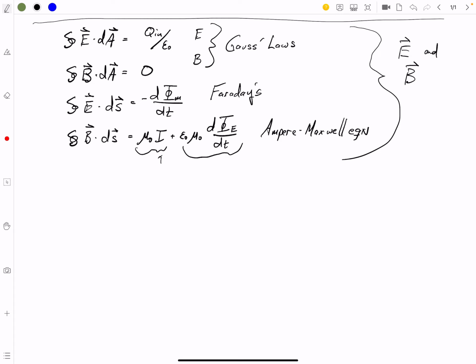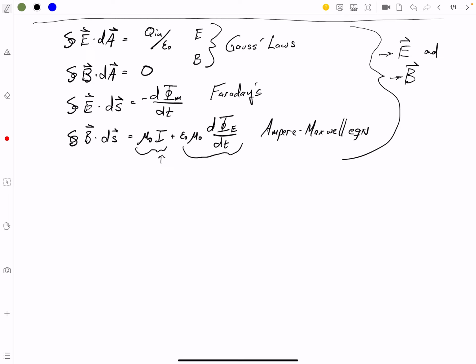We might have an initial current. Whatever the situation is, you can get your E's and your B's out of those equations.